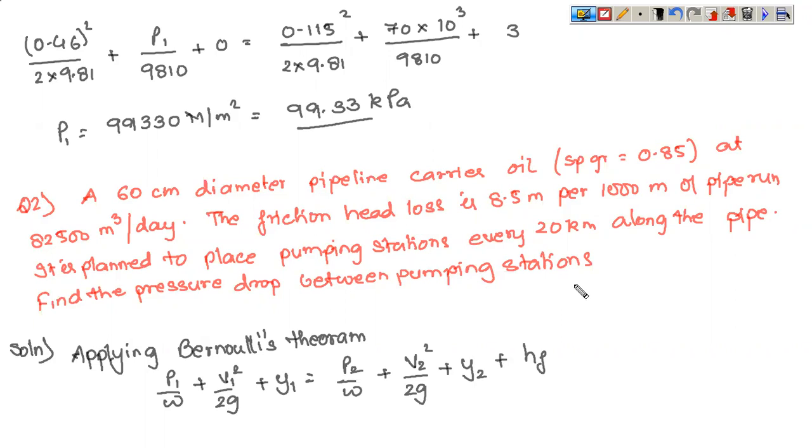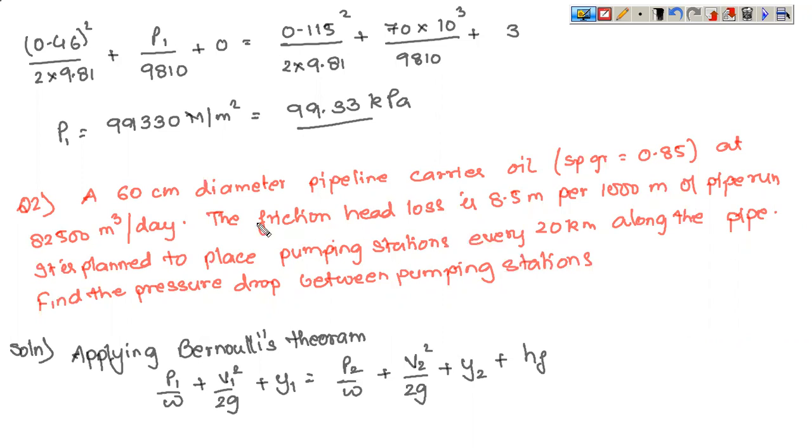अब है क्या कि एक 60 सेंटीमीटर डायमीटर का पाइपलाइन है जिसमें ऑयल जाएगा, 0.85 स्पेसिफिक ग्रेविटी. ऑयल का टोटल डिस्चार्ज जो एक्सपेक्टेड है, वो है 82,500 मीटर क्यूब पर डे, ऑयल ट्रांसफर होगा एक जगह से दूसरी जगह.